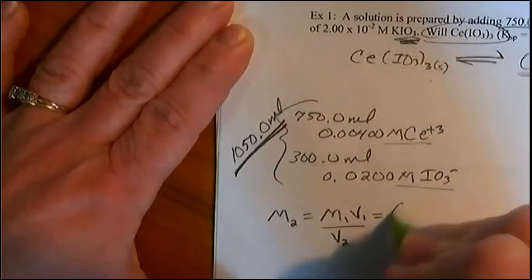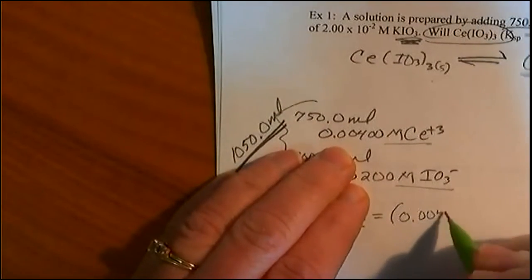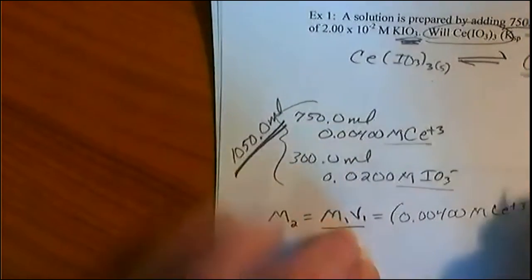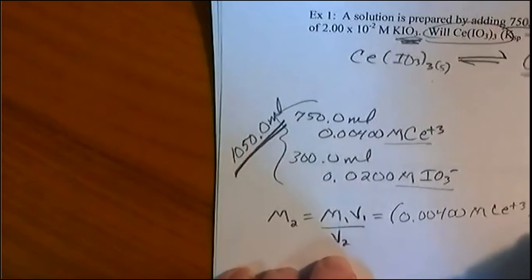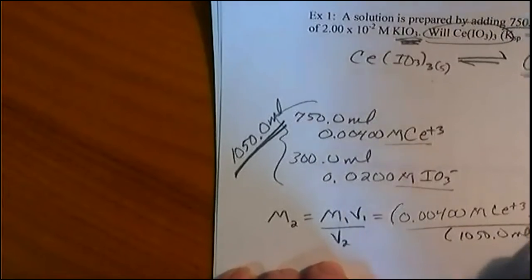And so the question is, all right, given 0.00400 molar cerium, and it's a volume of 750 milliliters, what will that be in 1,050? Oop, I'm so sorry.